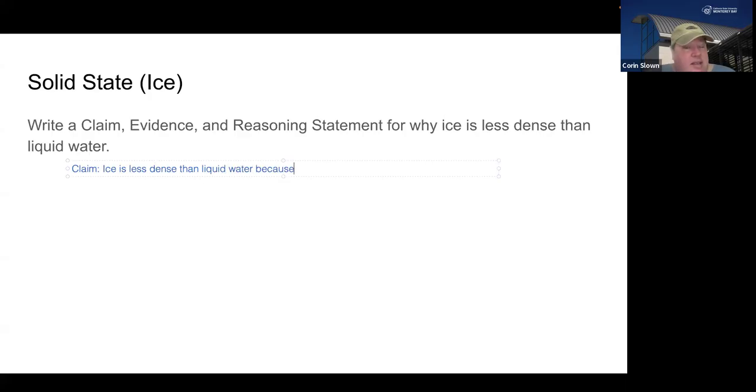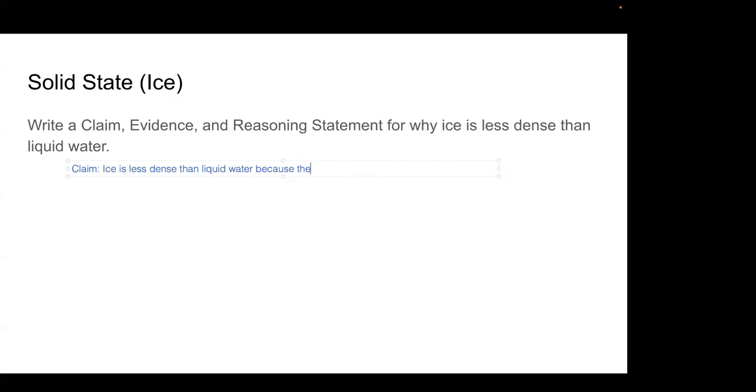Okay, so ice is less dense than liquid water because what do we think is the reason for that? What's a good reason for why ice is less dense than water? The water molecules expand to form the crystal structure of ice.